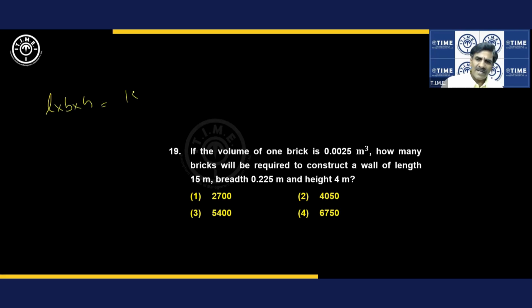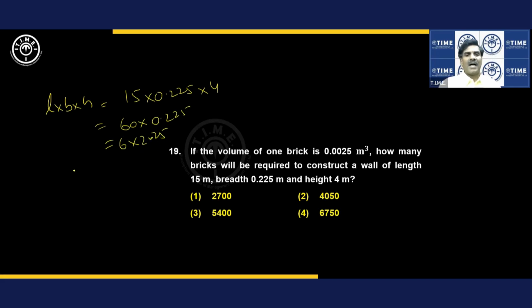So length is 15, breadth is 0.225, height is 4. So it will become 60 into 0.225, or else 6 into 2.25. And we are interested in how many such bricks are required.